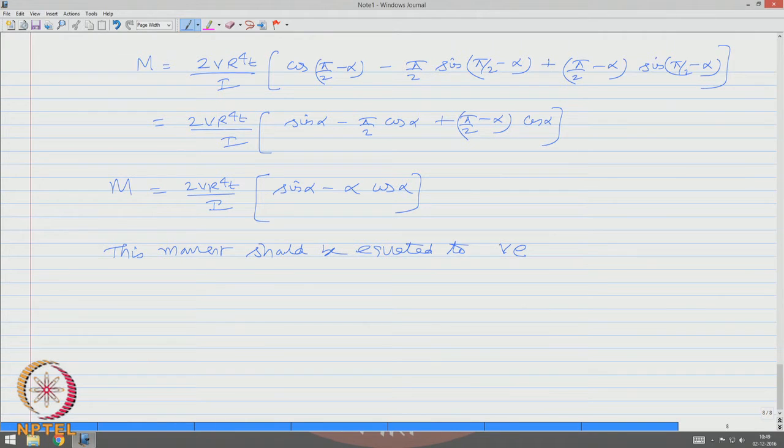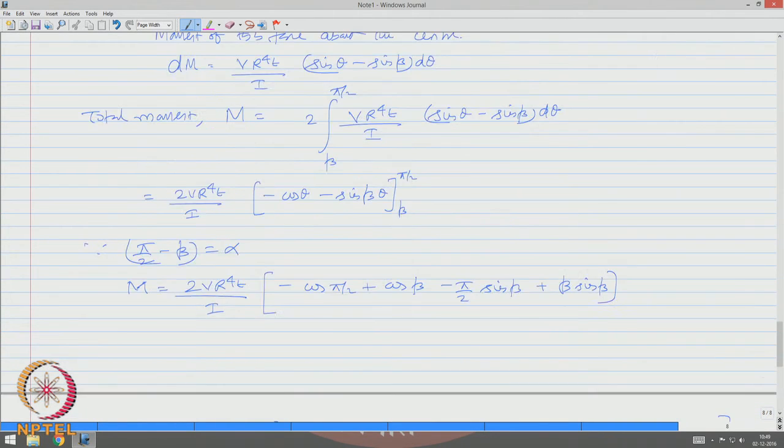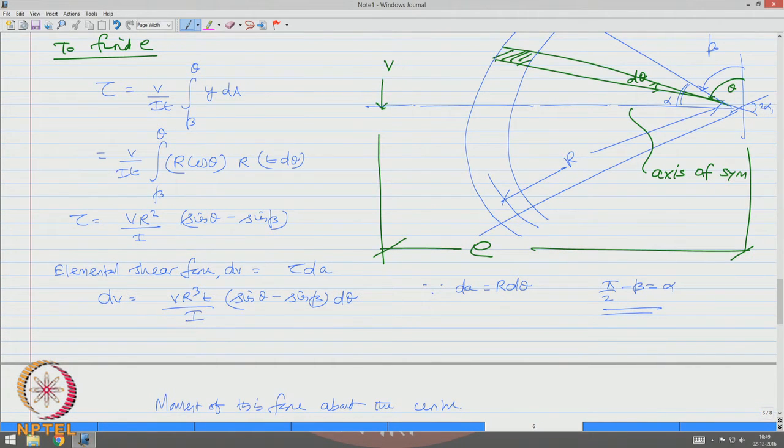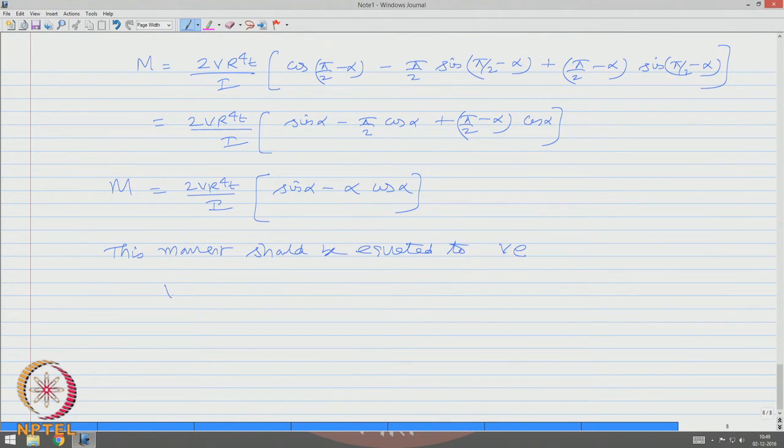because we are talking about the center, we have taken moment about this point. So, V into E should be equated. V into E is 2 V r 4 t by I, sin alpha minus alpha cos alpha.